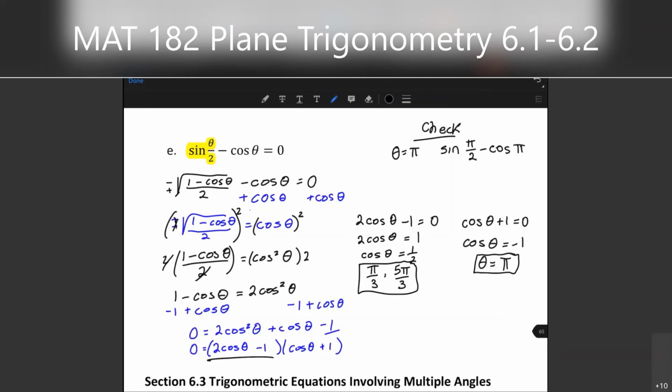But if I take a look at that, the sine of pi over 2, or sine of 90 degrees, is going to give us 1. And then we'll minus cosine of theta. Well, cosine of theta, we just said was -1.